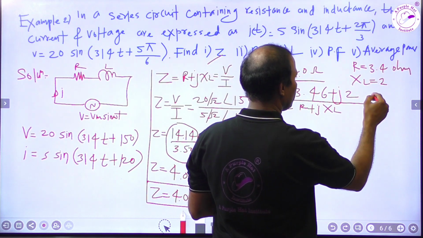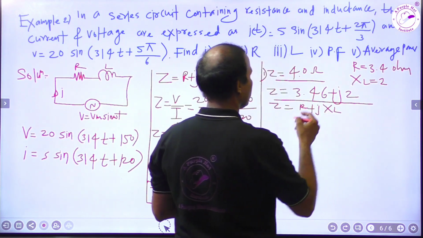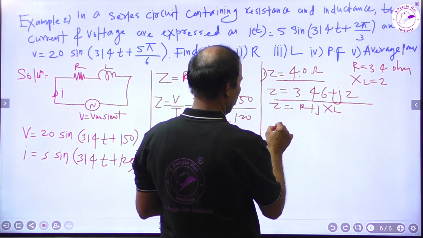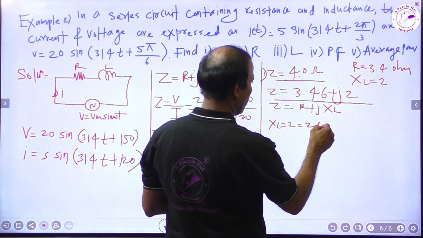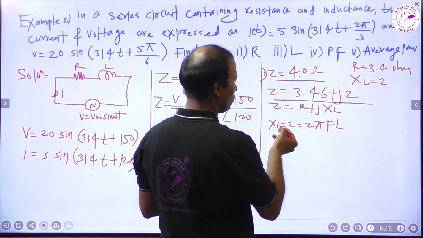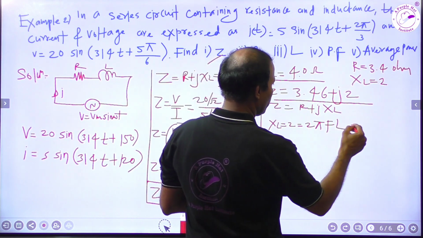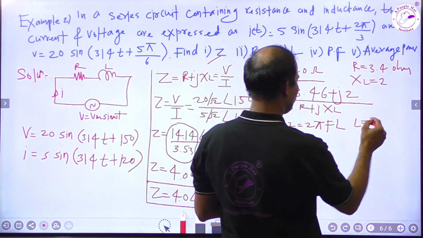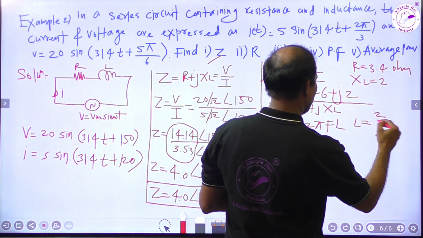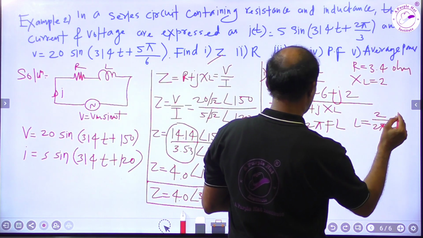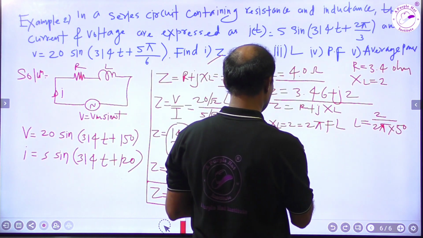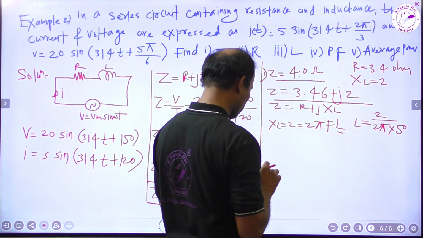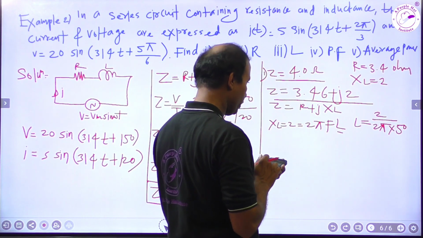So we can find inductance from this inductive reactance. Okay, so XL is equal to 2 pi FL. So this is 2. So inductance is equal to 2 divided by 2 pi into 50. This is called inductance L. Okay, so this calculation I will find inductance.